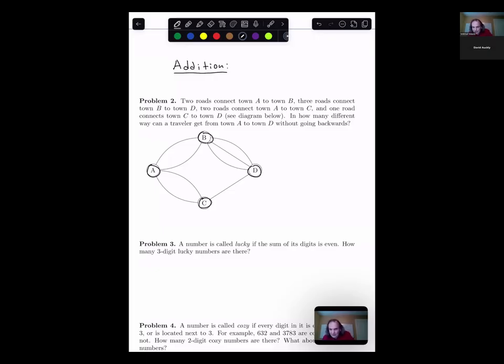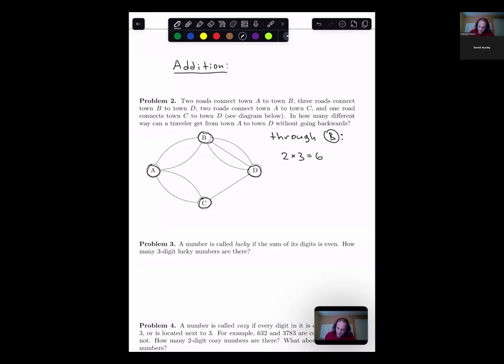Right, so I already got some correct answers, but I do want to see the computation. So let's first ask how many ways there are through B? Through the town B, how many ways are there? Okay, so if we want to go through B, then we actually use the multiplication principle, because on the first step we have two choices, and on the second step we have three choices.